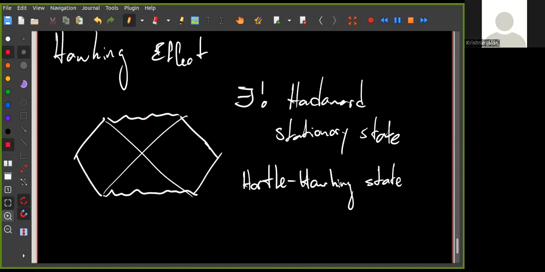Okay, so the stationary here refers to something to do with the Hilbert space? No, yes, it refers to the spacetime and it refers to the state. So the state does not change with time. Oh, okay. So it's the usual quantum mechanical stationary state. Yes. Okay, fine.